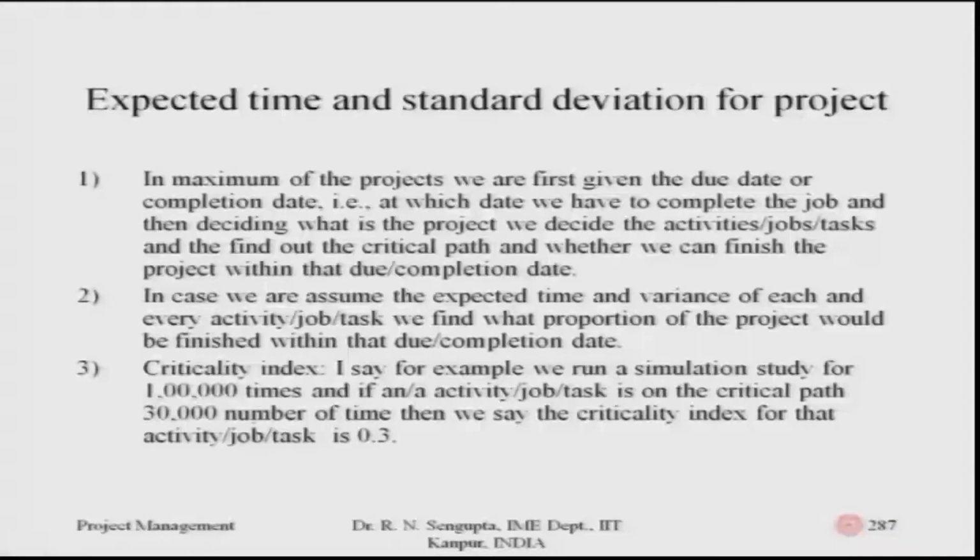So we run the simulation, say, 100,000 times, which is 1 lakh times, and if a job is on the critical path 30,000 times, we say its critical index is 30,000 by 1 lakh, so it will be 30%, which means that job would come up in the critical path 30 times out of a simulation of, say, 100.